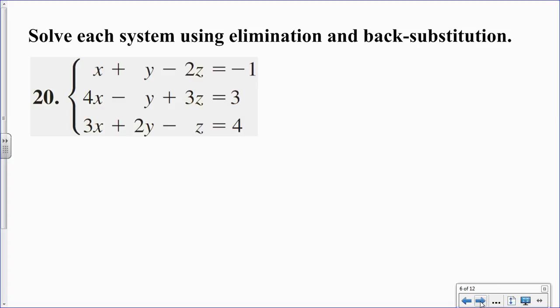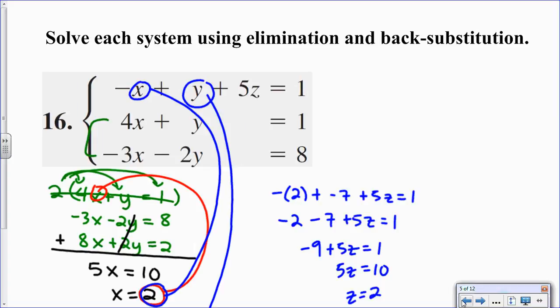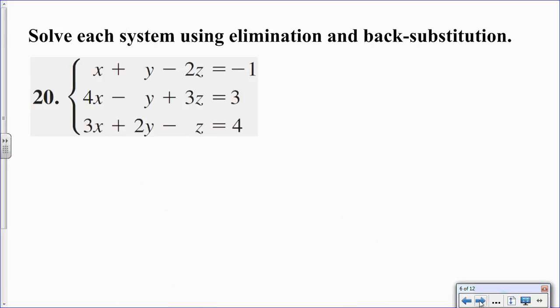Okay, so I want to somehow get down to 2 equations with just 2 variables. So that's what I want to work towards first. So I'm going to take 2 equations at a time. What looks like the easiest variable to eliminate? The y's. And that's taking the first 2 equations, right?